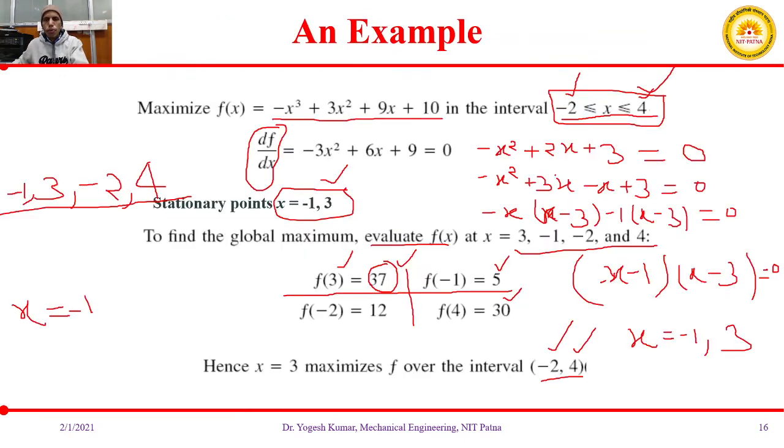In our example both these stationary points were lying in the given interval. Suppose this would have been -3, then we will eliminate this value. We will not calculate the value of function f(x) for x equal to -3. We would have calculated only for x equal to 3, x equal to -2, and x equal to 4. Okay, so that much was necessary to repeat again.